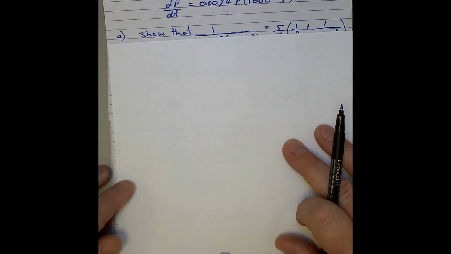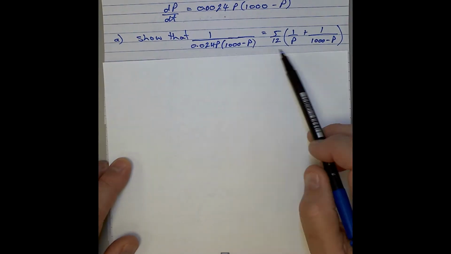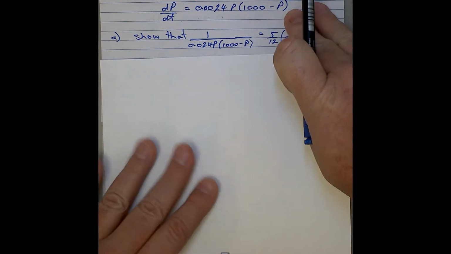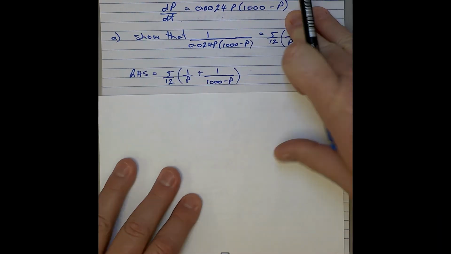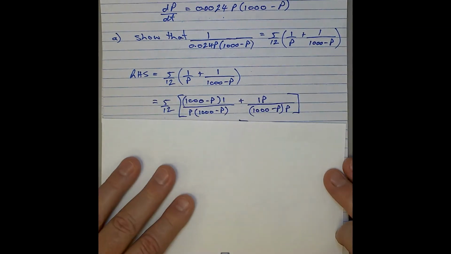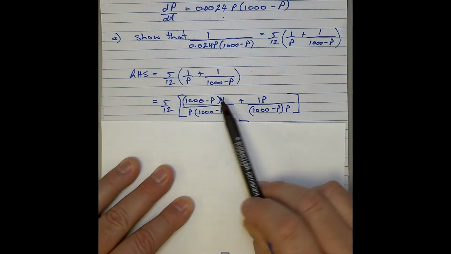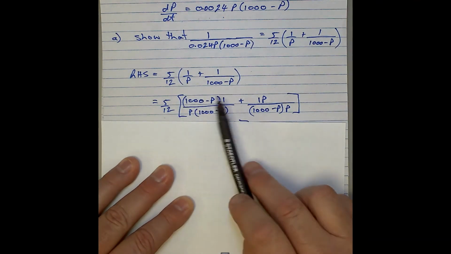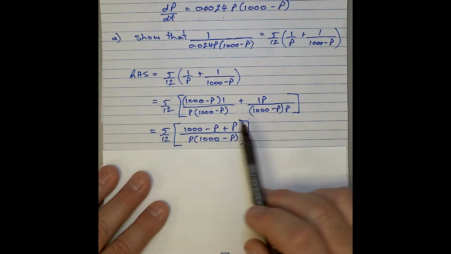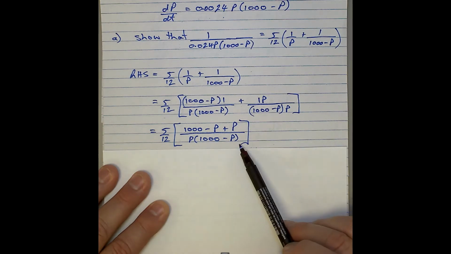Part A wants us to show that this expression is equal to this over here. I'm going to start with the right-hand side, and then keep my 5 on 12 outside the bracket, have a common factor in the denominator, and add these two fractions. When I do that, I'm left with 1,000 minus P plus P over this common denominator.